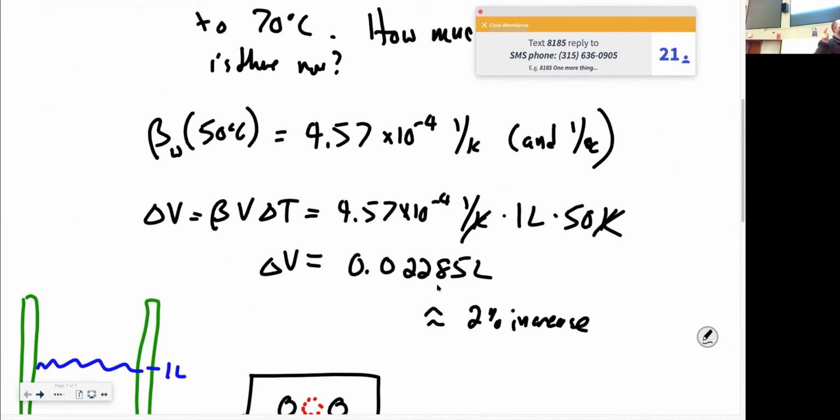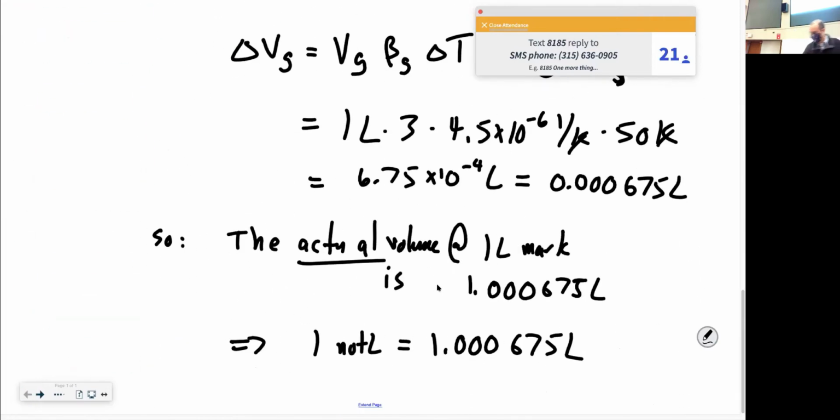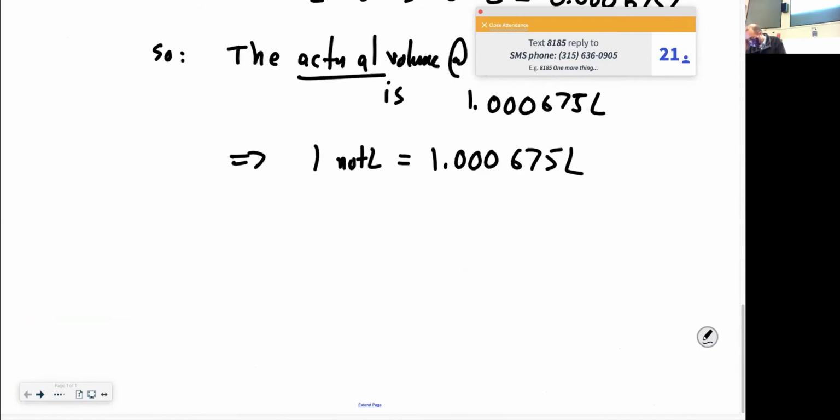I just need to convert that from actual liters to not liters, and then I've got what it will read on my new beaker. So convert V water to not liters. That's my next step. That's easy.